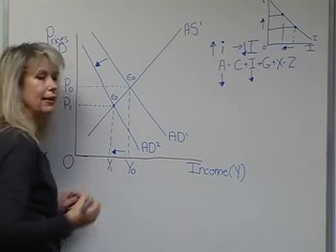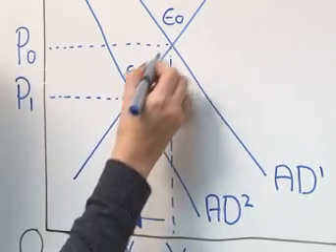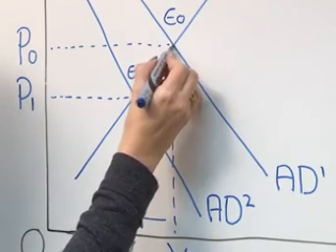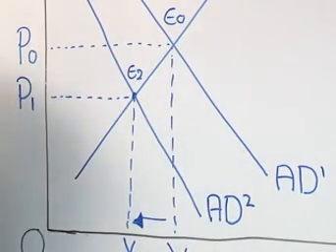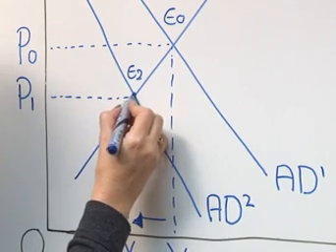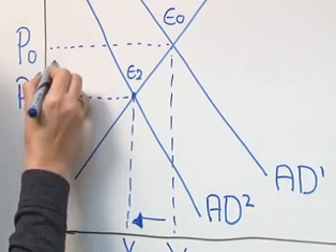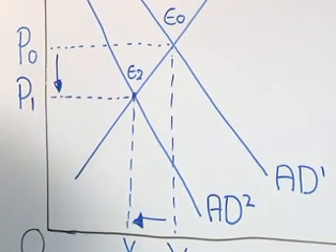So that is why the income level is going to decrease. When less is produced, we shift downwards along the aggregate supply curve. So when less is produced, it is cheaper to produce it, and therefore the price level also decreases.